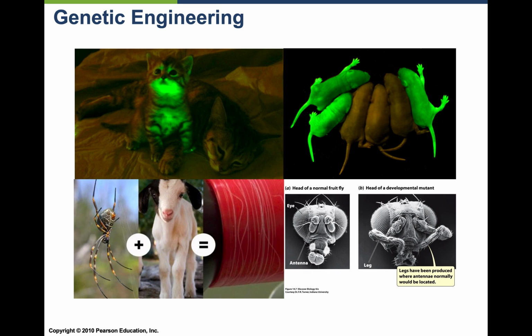So what they did is they went in and knocked out a gene that they thought made antennae to see what would happen. And when they knocked that gene out, legs were formed where the antennae should be, confirming this idea that the antennae are just highly modified legs. Pretty cool stuff when you think about it. It's a really cool way to do some genetic engineering.